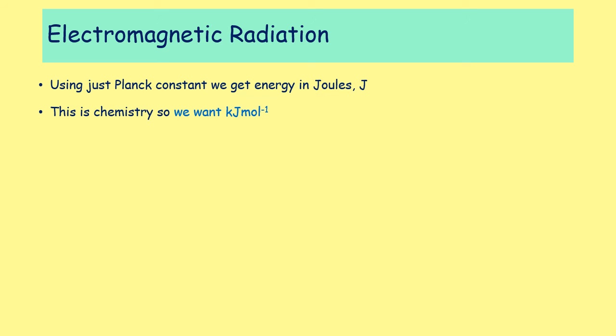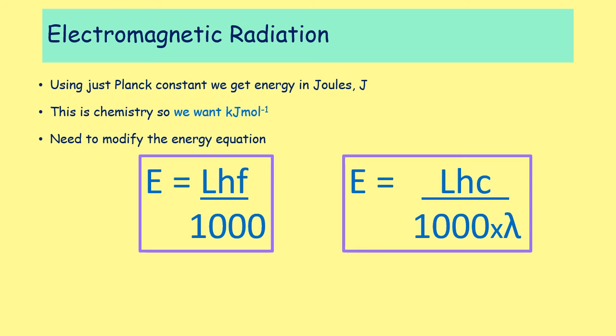Now, if we use Planck's constant, we get an energy value that's in joules, and joules alone. In chemistry, we want joules or kilojoules per mole. So we need to modify the equation. When we modify the equation, you can see each of these equations has had two things added to them. We've got divide by 1,000 at the bottom. Dividing by 1,000 is how we turn joules into kilojoules.